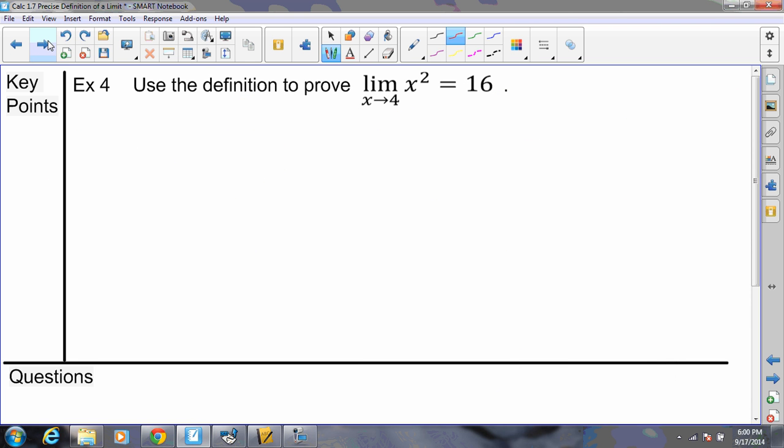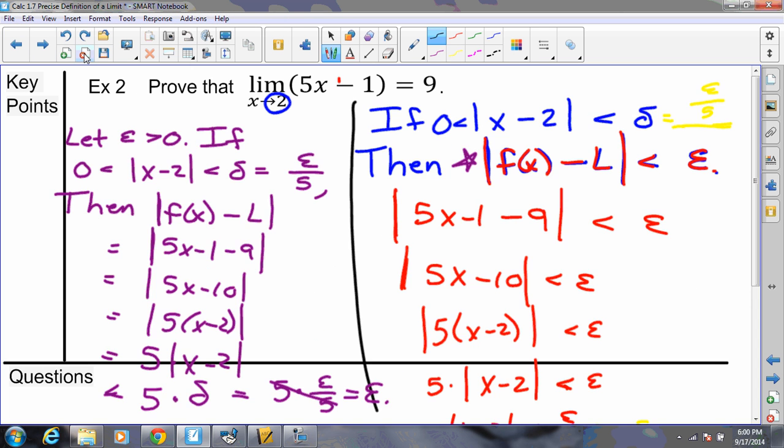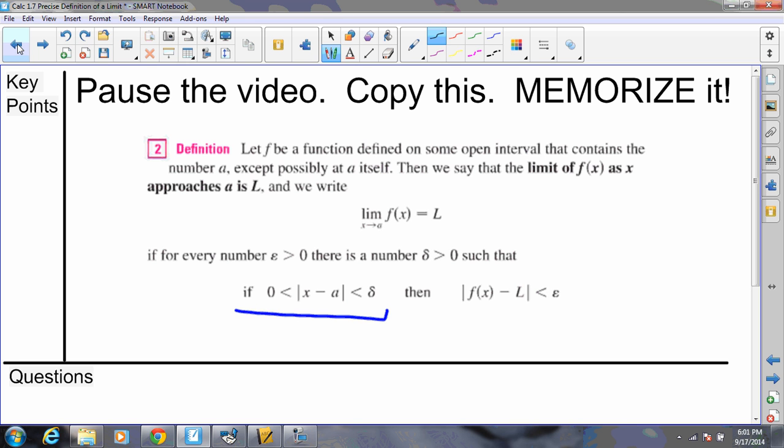Now, total limit. Use the definition to prove that the limit of x squared as x approaches 4 is equal to 16. Please note we're doing a total limit, which tells us we are using the original definition.